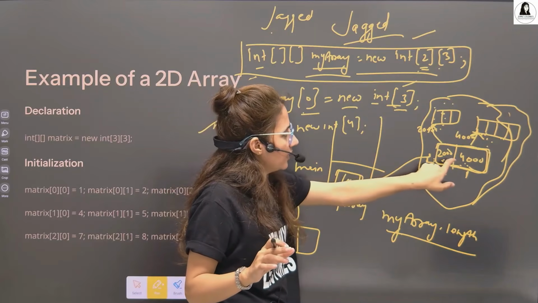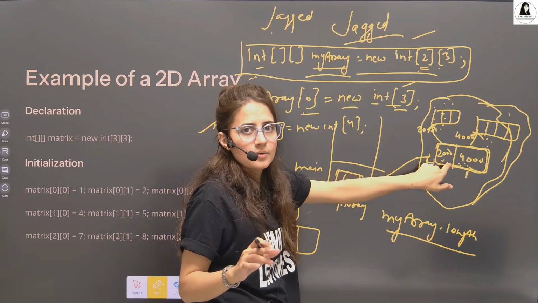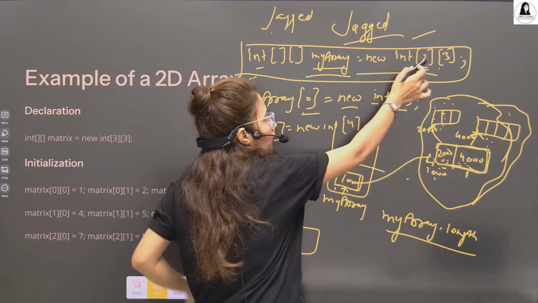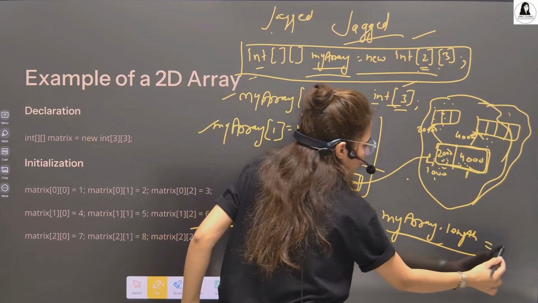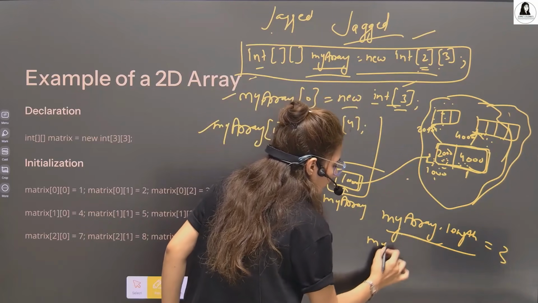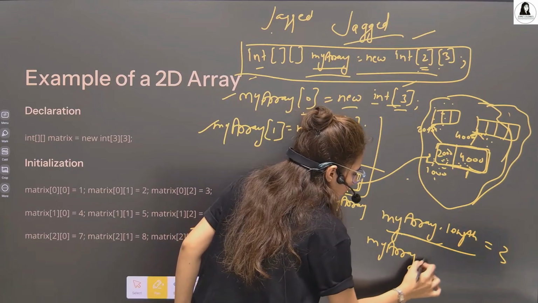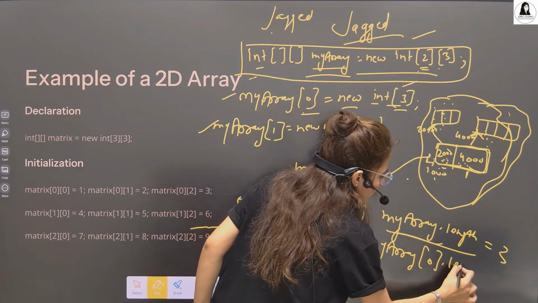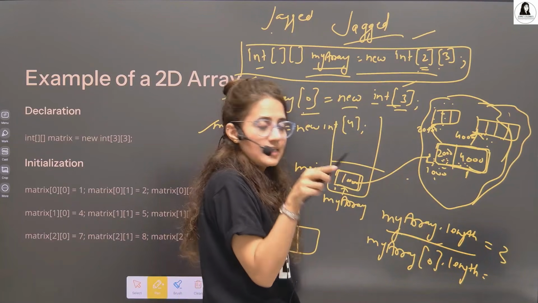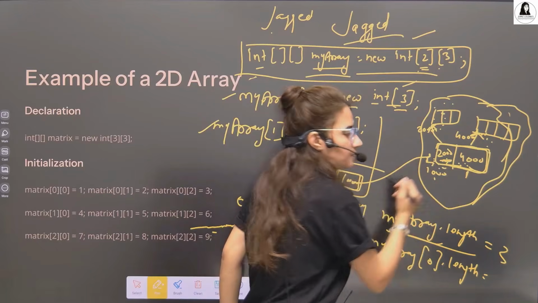How many elements or boxes are there in the array? 1 and 2. Definitely the number of rows. So it will give you 2. But if you call length on myArray[0].length, at myArray index 0, I'm having this.